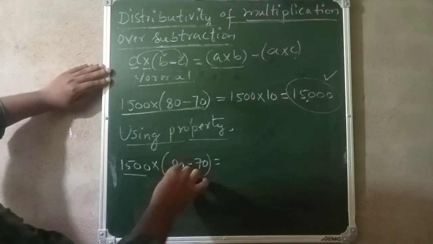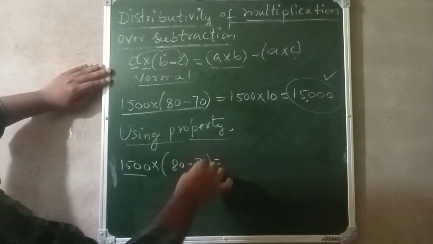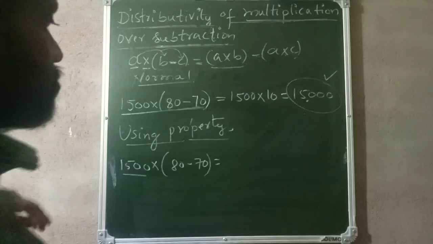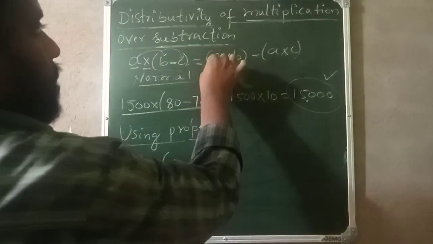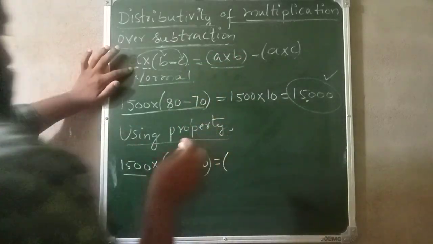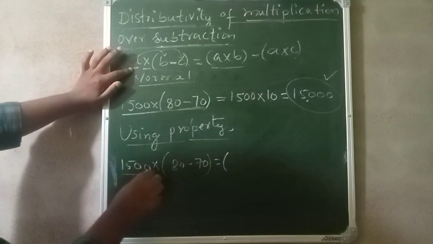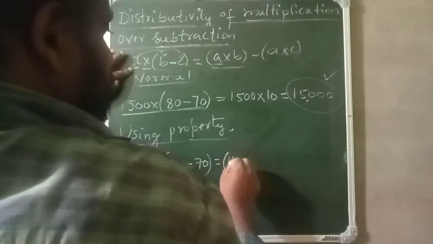In place of b we have 80, minus, in place of c we have 70, bracket. So is equal to, next your bracket is there, put bracket a. So in place of a we have 1500. So in place of a you write 1500.